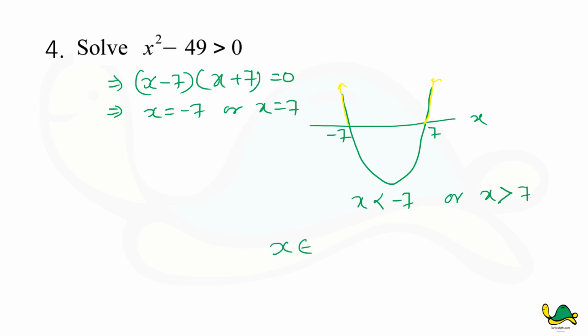So x is an element of negative infinity to negative 7, and I don't want to include the endpoint, so I will use the round bracket, union 7 to positive infinity. Never include infinity in your sets because infinity can't be included. It is just an idea, it's not a number.